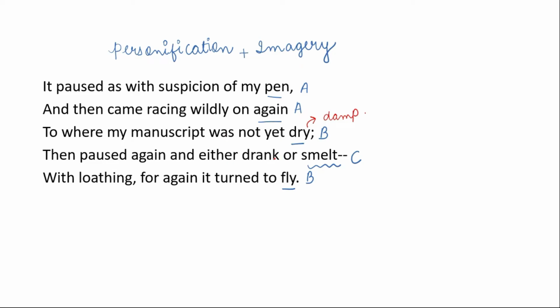So it is saying either the mite drank or smelt the ink and then with loathing, so he found it revolting or noxious, maybe because of the noxious smell of the ink, or maybe because of the noxious taste, for again it turned to fly. So it retreated from that place.